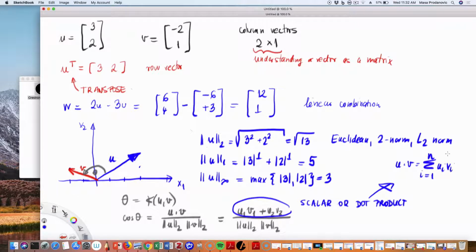So this is just a general way to write, even if I had thousands, this u1 v1 plus u2 v2 plus u3 v3 plus, if I had 1,000 of them, I don't want to write them all down. So this is my symbol that allows me to do that. So this n could be 1,000 in that case.